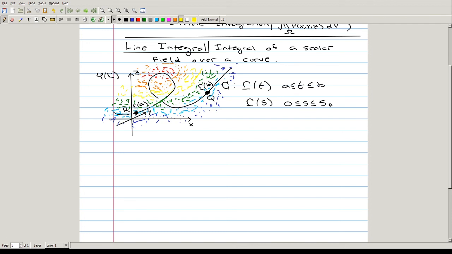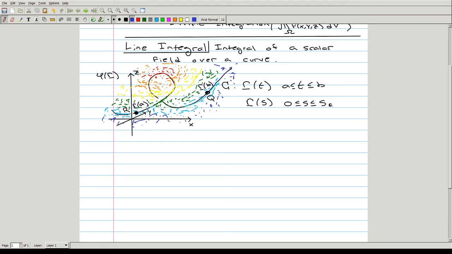Then on this region of the curve right here, the value of the scalar field is yellow, until it moves up into this region right here, where the value of the scalar field is orange, red. And similarly, in this region right here, the scalar field is taking on the green value.